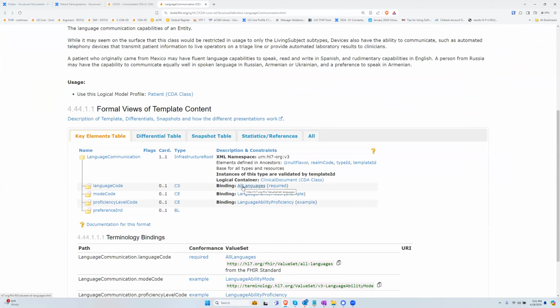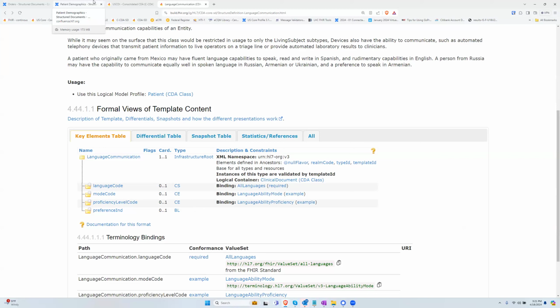And if we can do it by saying, here's the language information that this patient has, and then you determine whether you need an interpreter or not, based on, they don't speak English, but they speak Spanish, then to a certain extent we're fulfilling the spirit of the requirement by saying, here are the languages and the proficiency levels that the patient has, and now you can determine if an interpreter is needed or not.